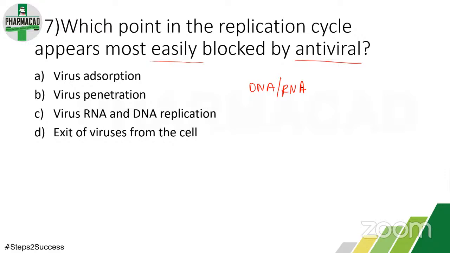Nucleoside and nucleotide analogs are the most easily discovered antivirals, especially for HIV as well as for HHV. You can see option C is virus RNA and DNA replication. They block by inhibiting the RNA and DNA replication. So the correct answer is option C, virus RNA and DNA replication.